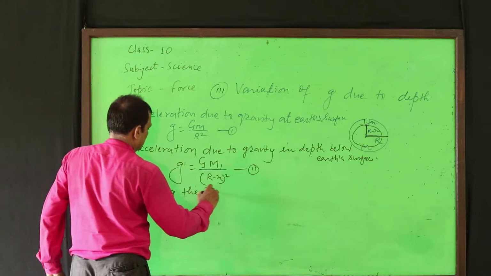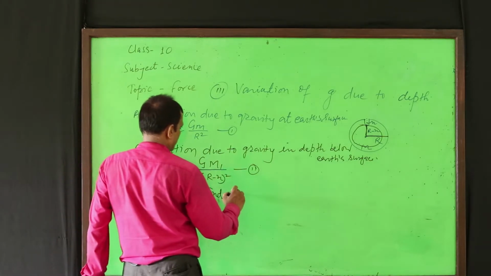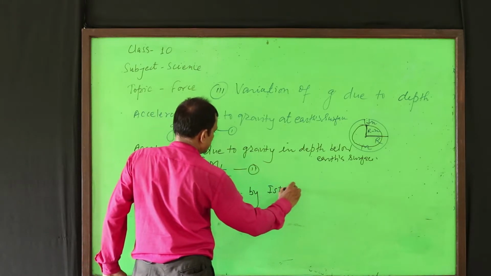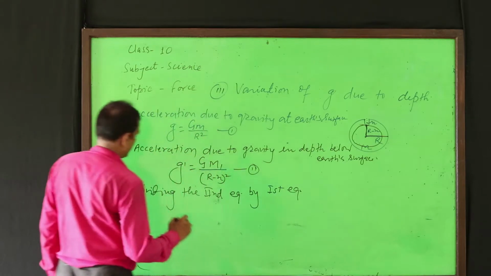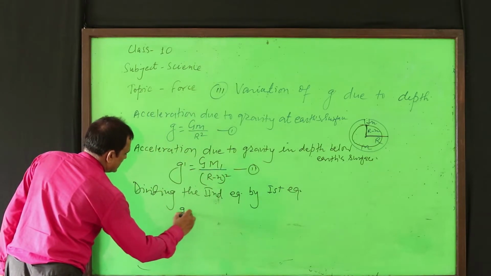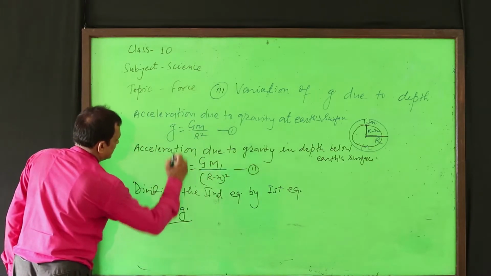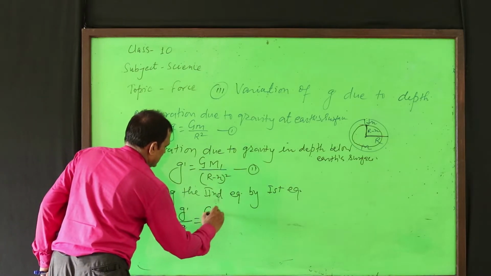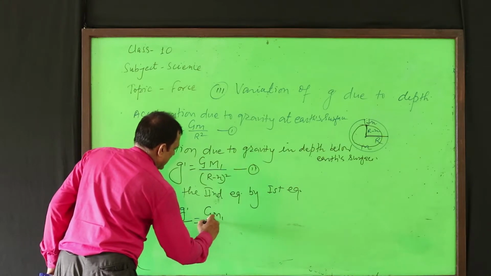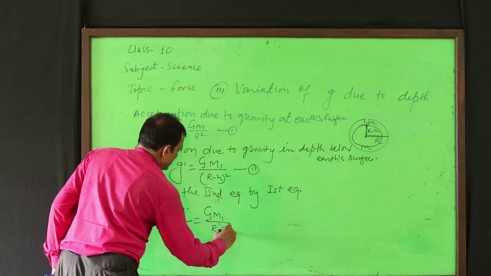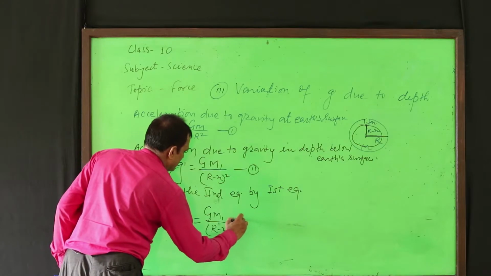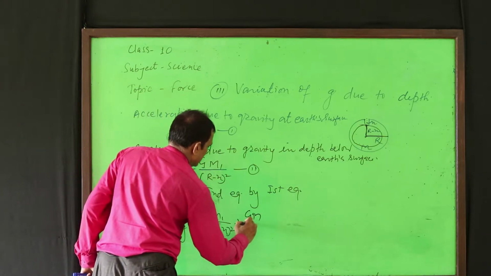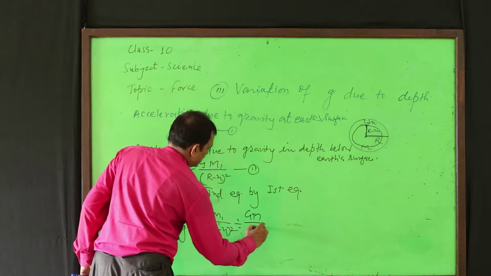See here please, g dash by g equal to G M1 by R minus x whole square divided by GM by R square.